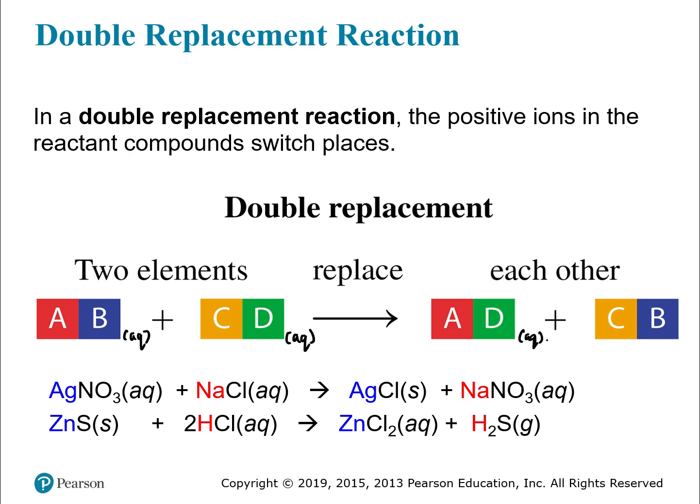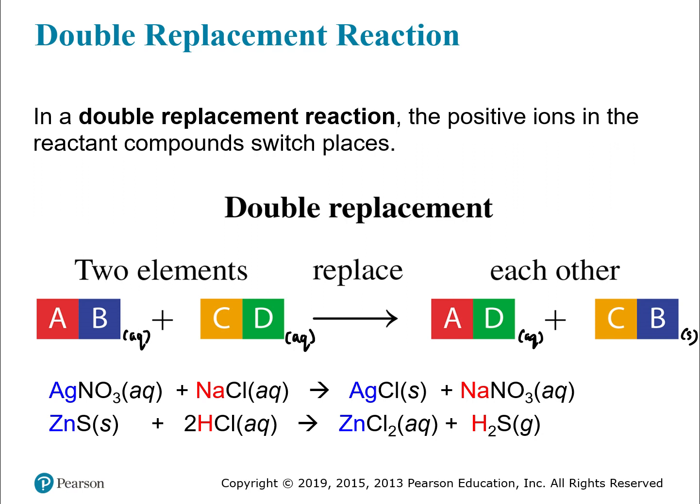Maybe that's still aqueous, but C and B, you might make a precipitate, some kind of a solid, or you might liberate a gas. But you make two different compounds because you took two aqueous solutions, mixed them up, and you made something different. You could also have a solid, but as long as you've got two different ions in each compound, then you can have a double replacement reaction.